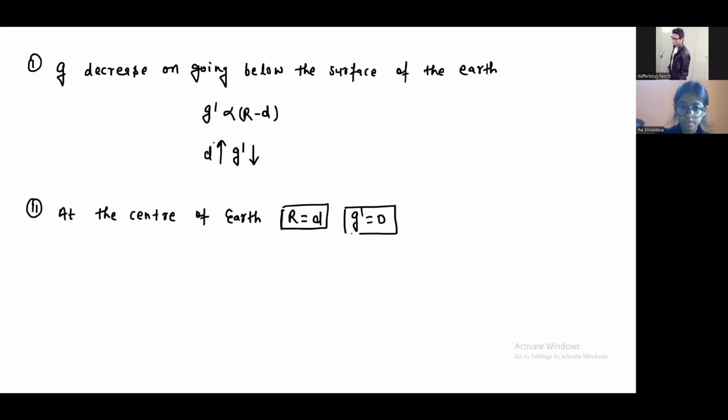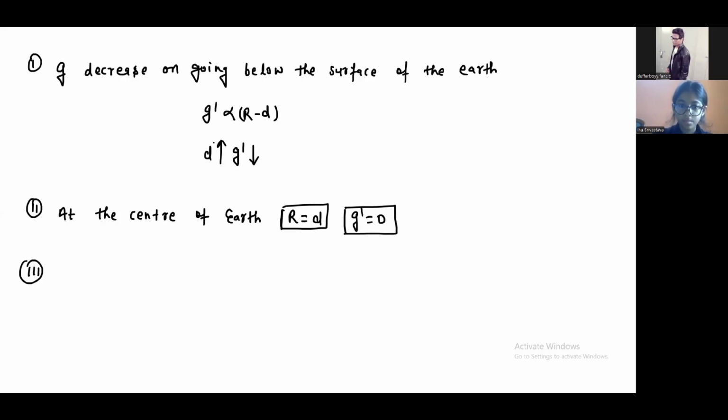So at the center of the earth g is equal to 0, and when we move to infinite distance from the earth, the g dash value is also 0. So in both cases g dash is 0. If anyone asks what the acceleration at the center of the earth is, you can say 0.